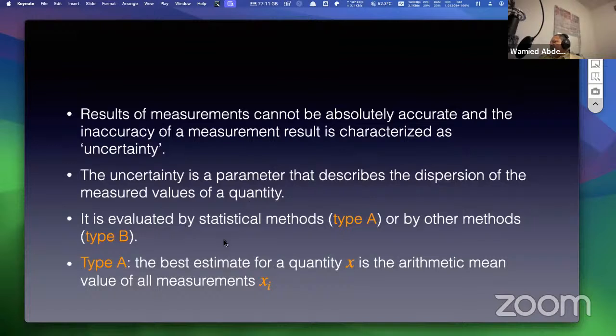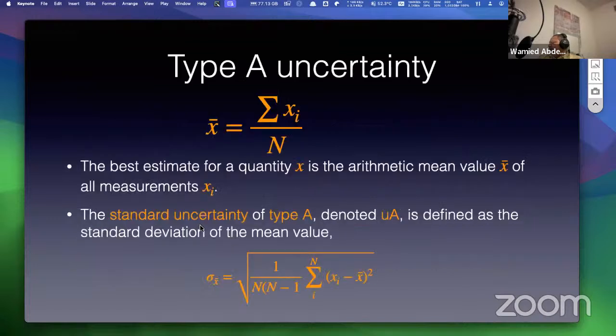So we can estimate the quantity, for example, what reading should we use to calculate our dose, and this would be the average of the readings that we obtain, and we can estimate actually what's the uncertainty in the dose for this type A error by taking the standard deviation.